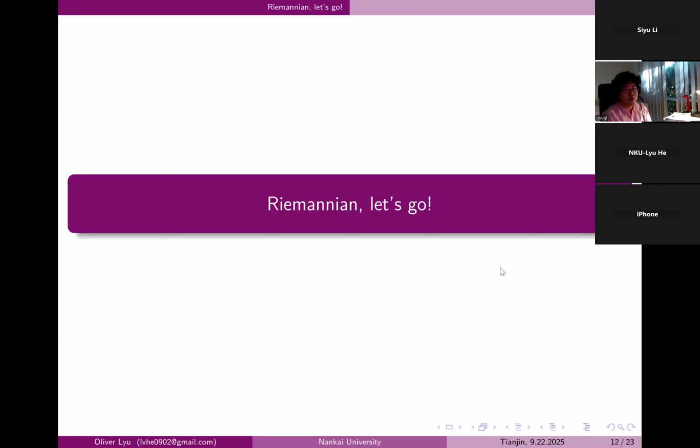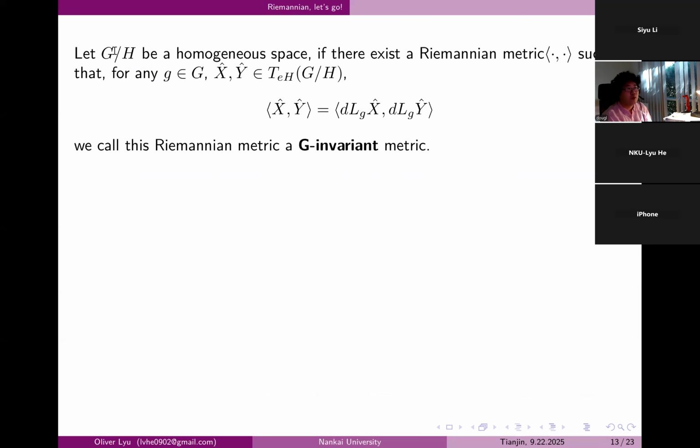Okay, let's go to the Riemannian case. Let G mod H be a homogeneous space. If there exists a Riemannian metric such that, for g in the Lie group G, and X hat, Y hat vectors in the tangent space at identity connected to the Lie algebra of G, the metric satisfies these settings, we call this Riemannian metric G invariant.